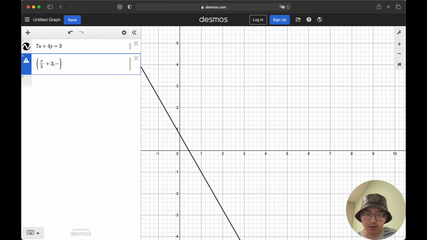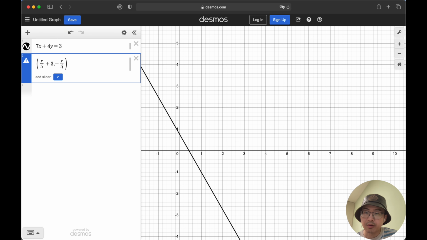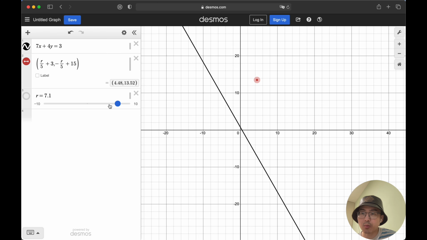Okay, here at the slider, let's click on it. If we play around with r values, we get different points. Where is the point? Yeah, the point is here, the red point. You see that no matter what values we give to r, the point is always away from the line, right? So that means choice A is incorrect.